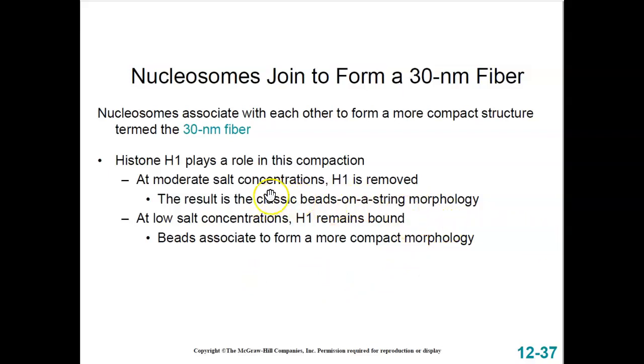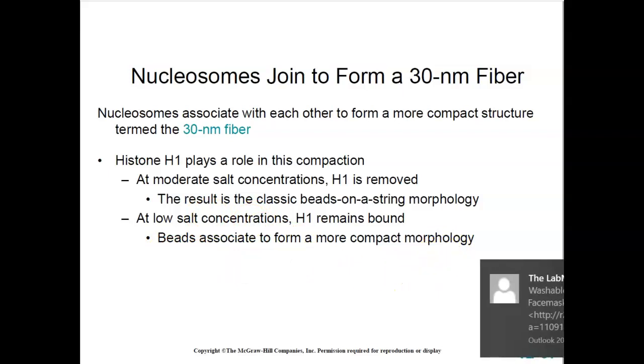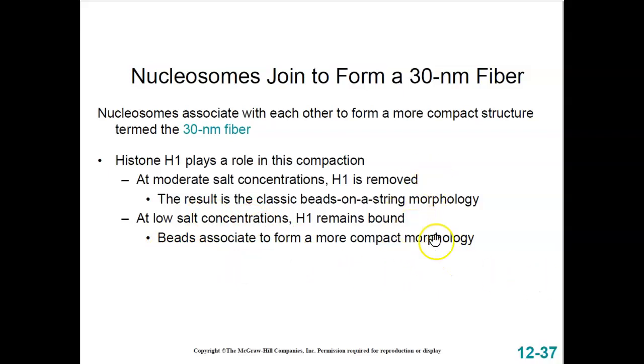In moderate salt concentrations, you'll see the classic normal bead on a string. When we say moderate, that's about the amount of salt in a normal cell. If you change the salt concentration, you wash the salt out, you'll see more compaction. So you have to have the right amount of salt around for compaction to occur.